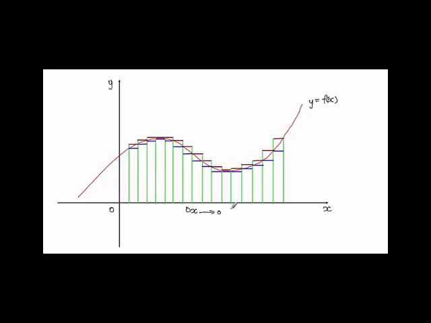And now the upper area, which is limited by the brown segments, is greater than the area under the curve of f of x, but that one is also greater than the lower area, which is limited by the blue segments.